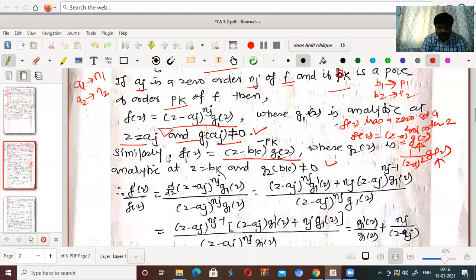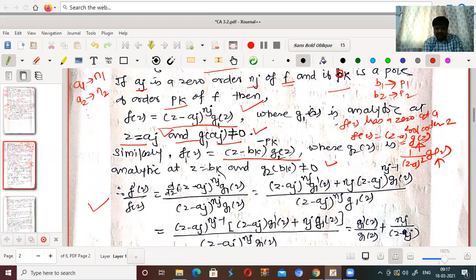Therefore, now f dash z upon f of z can be written in both ways, and we will see that. What about f dash z upon f of z? What is f of z? (z minus aj) to the power nj into g1 of z, and in the numerator it's the derivative, d by dz of (z minus aj) to the power nj into g1 of z.